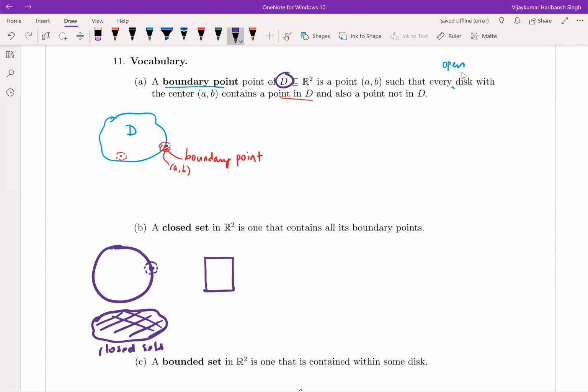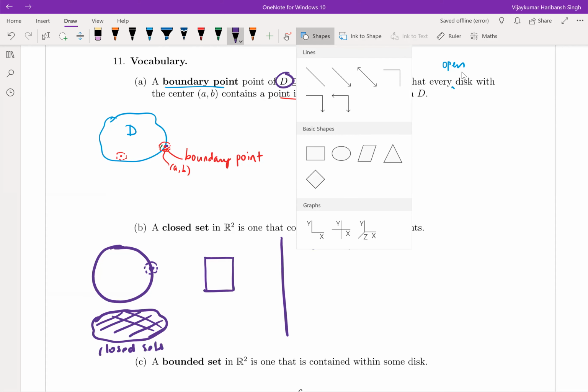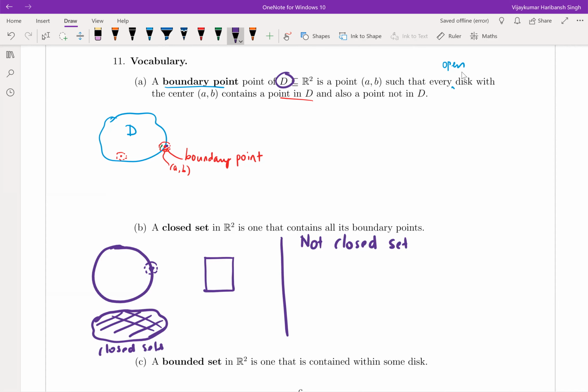Now let me give you an example of a set that is not closed. Consider the following. This set is not a closed set. Why?